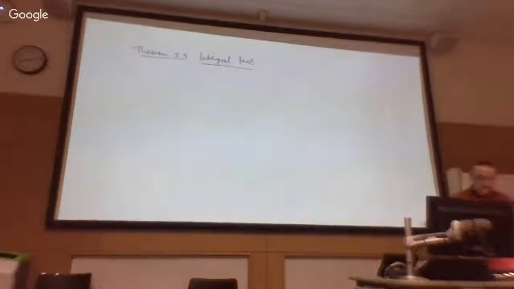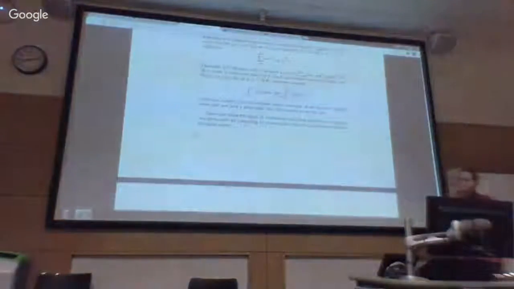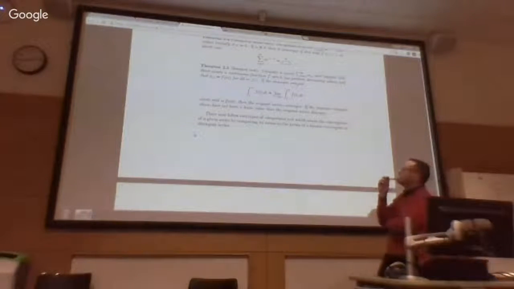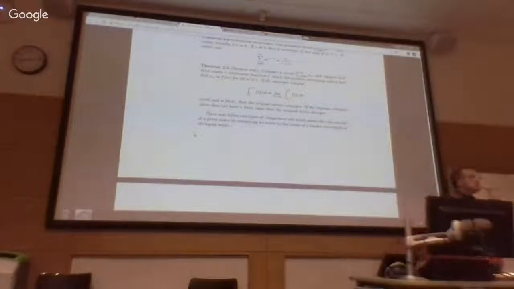So let's have a read of the test. The integral test applies in situations where you can recognize that the terms of the series, a_m, actually come from a function, f, a function defined on the real numbers. And additionally, where this function is a decreasing function, and it's always positive.